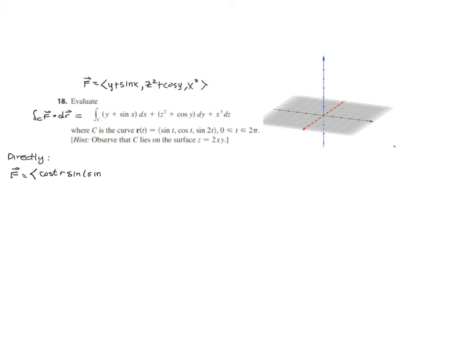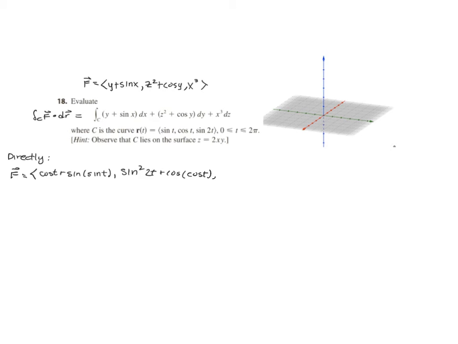x is the sine of t. And then z squared, that's sine squared of 2t, plus cosine of y. y is cosine of t, so cosine of t.